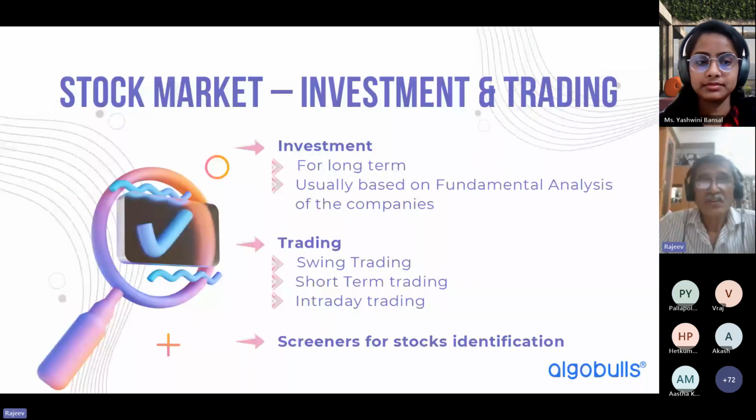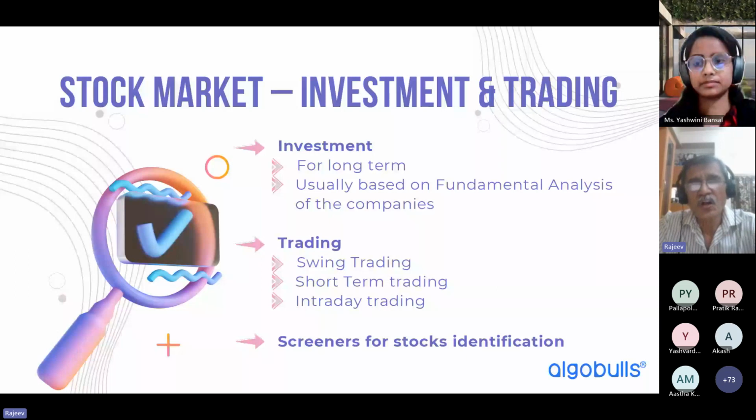So I was talking about investment and trading. What is the difference between them? Investment is basically for a long-term duration. It could be for a year, it could be for 2 years, it could be even for 10 years. Many of your participants' parents would be holding some investment right from their first job.